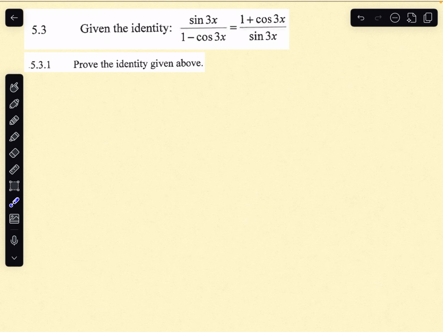So you're going to times top and bottom by this guy in order to make him appear at the top. But here at the bottom, it's going to end up actually being a sine. You'll see. Trust me. What's my proof? My proof is trust me, bro, as the kids say.